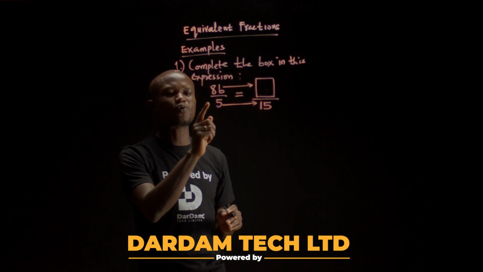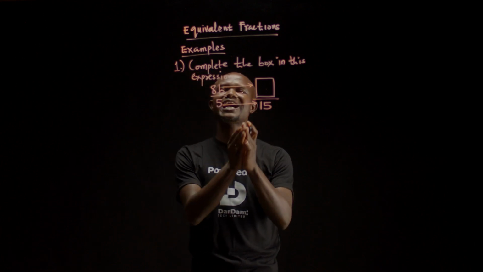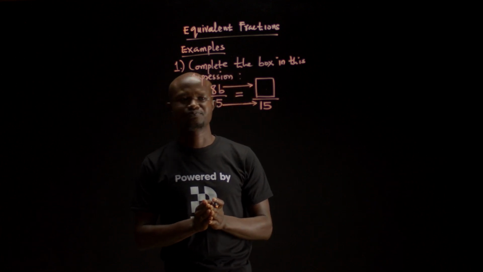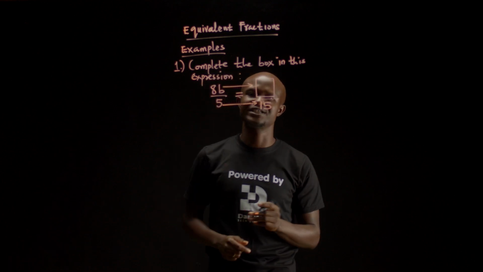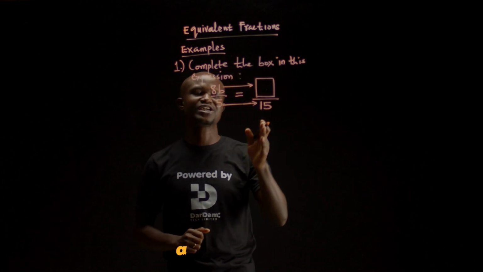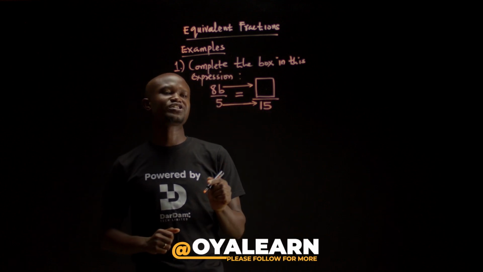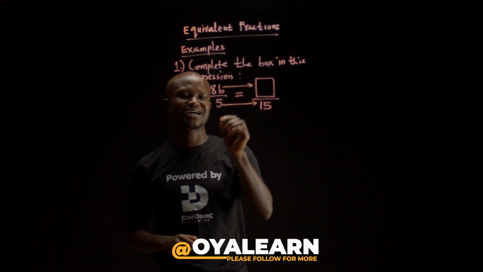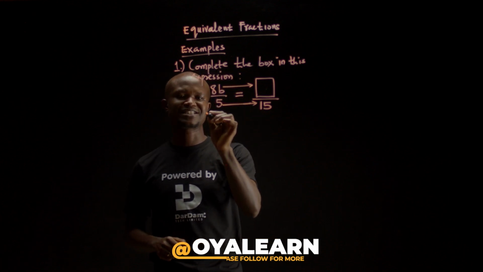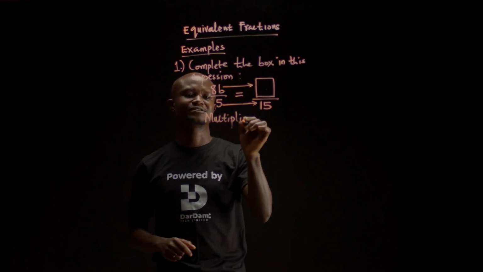So, how can we turn 5 to 15? For us to get the value that is being used to multiply 5 to get 15, what do you need to do? We just need to get that particular value, which is the multiplier.